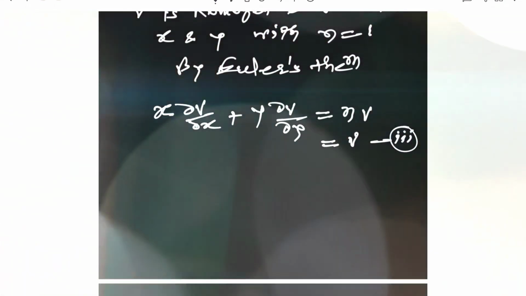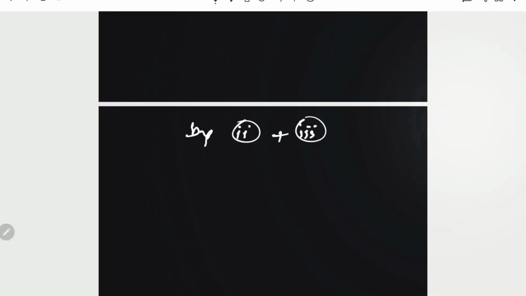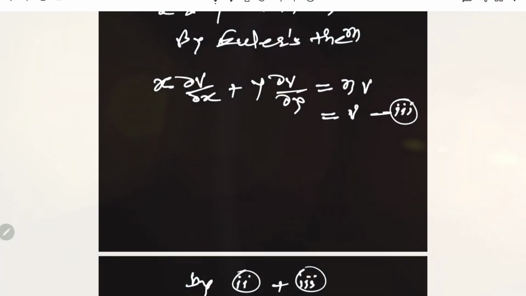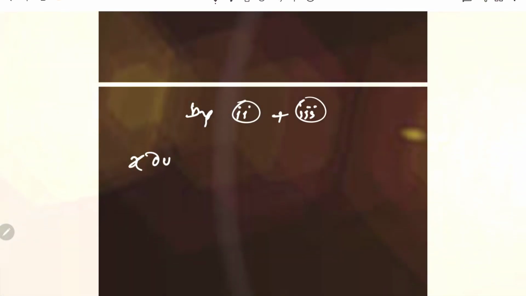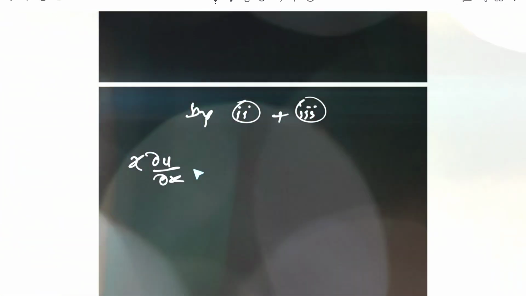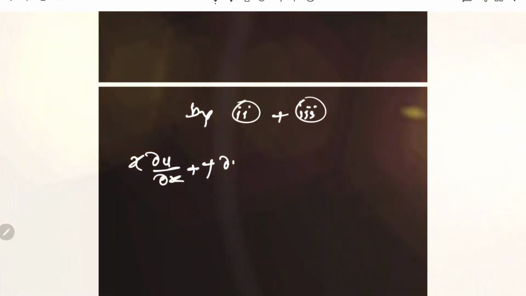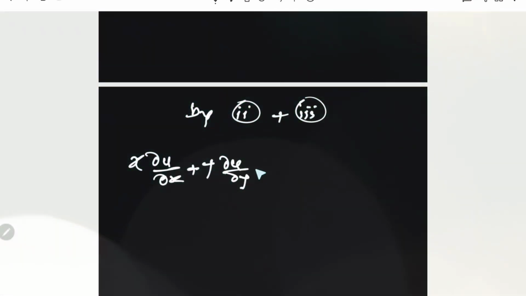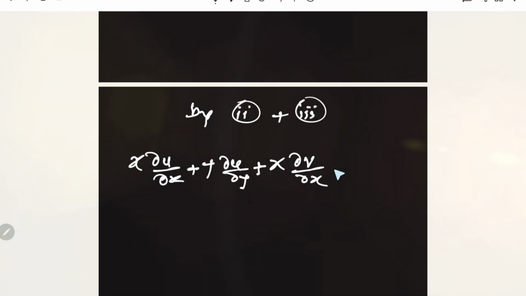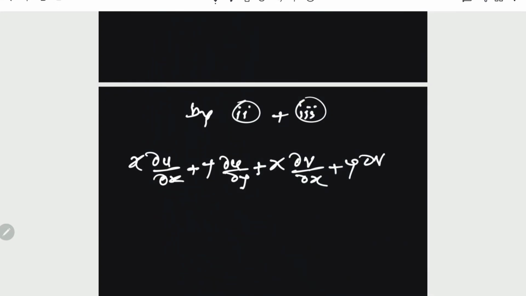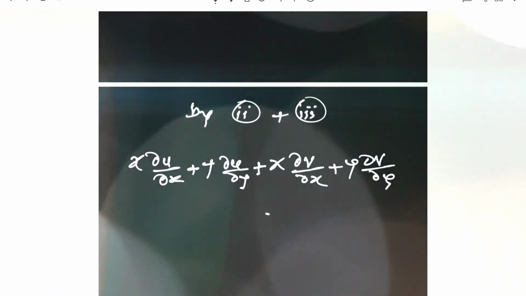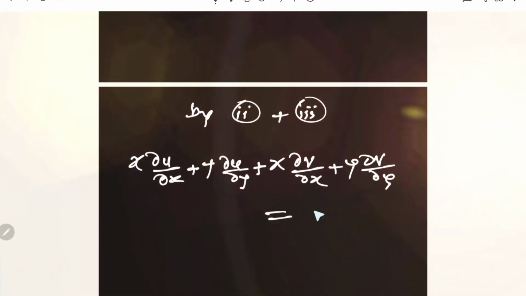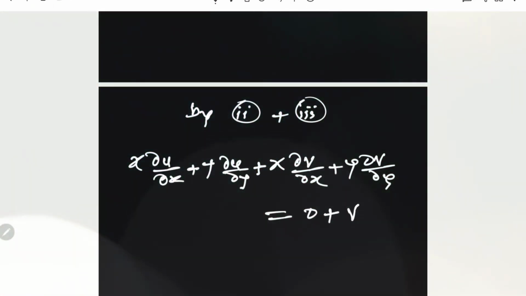And then adding equations 2 and 3. We take the addition of left hand side terms and addition of right hand side terms. Therefore, it is x dou u by dou x plus y dou u by dou y plus x dou v by dou x plus y dou v by dou y, sum of left hand side terms, and that is equal to sum of the right hand side terms, 0 plus v.